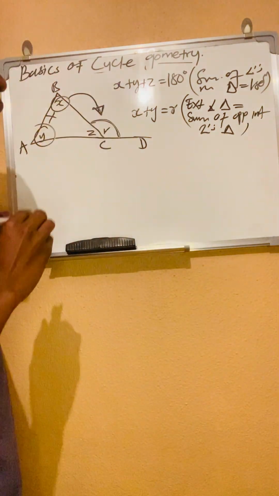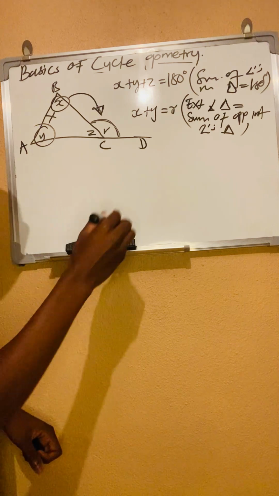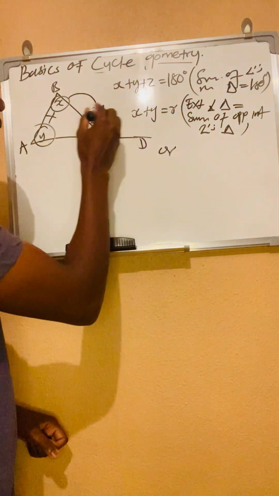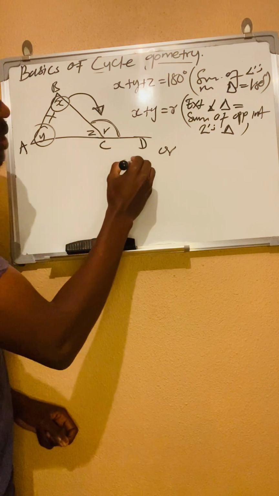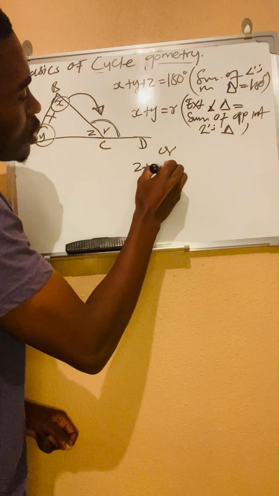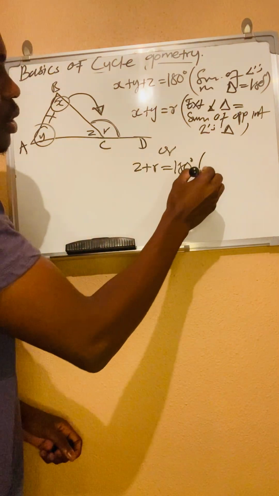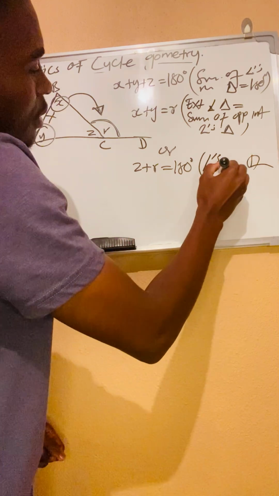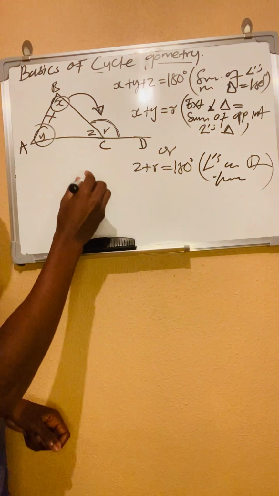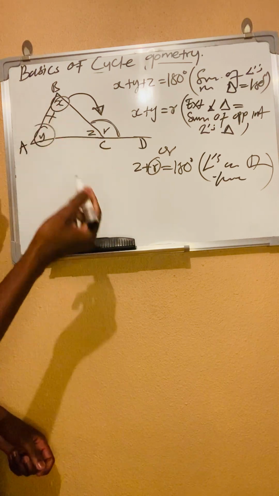That's the first way to find your r. The second way of finding r is to say z plus r is equal to 180 degrees, because of angles on a straight line. So you can make r the subject of the formula if you are given z.